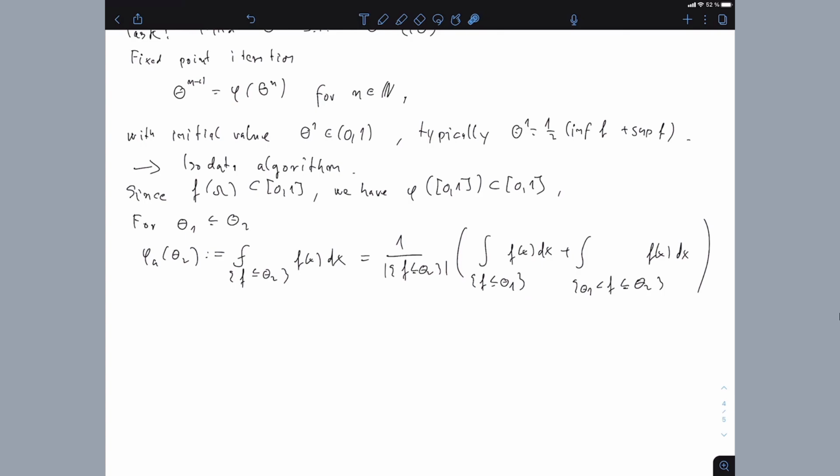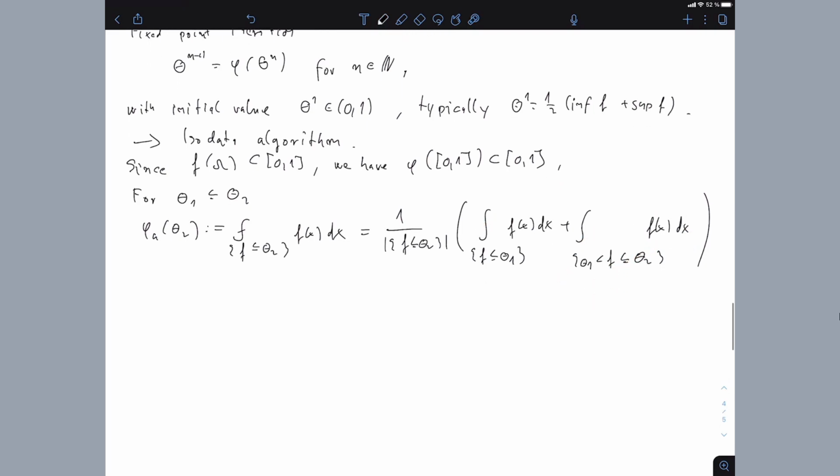In the second I just want to drop the integral here and get rid of everything else, and by doing so only get the value smaller. So this is now bigger equal. Now we make it a little bit shorter. So this here is bigger than theta 1 times the volume of the integration domain. Yeah, so I'm integrating a function that is at least its value theta 1.